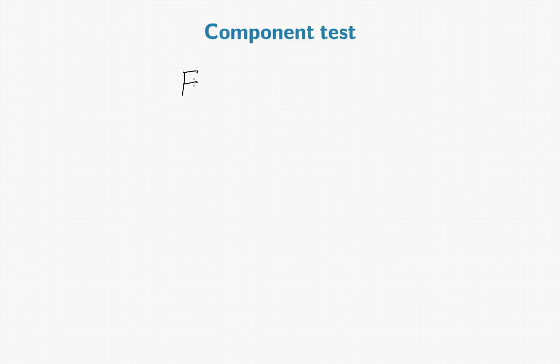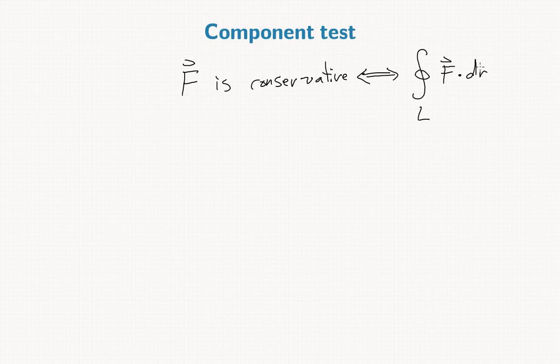In the last video, we established a few different characterizations of when a vector field is conservative. One of those was that its integral over any loop is 0. The other was that it arises as the gradient of some other function that we called a potential function.